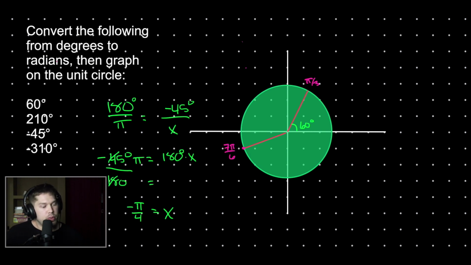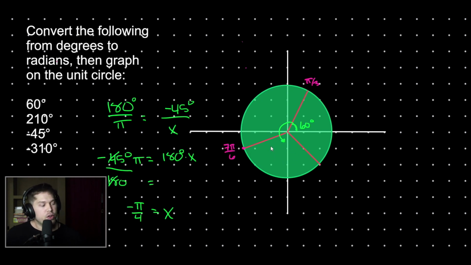Okay, so let's graph this. So negative 45 degrees would be right here. Typically, if you haven't already learned this in school, degree measures counterclockwise, just like counting your quadrants. So you start here, and then you go in the circle counterclockwise, like that.